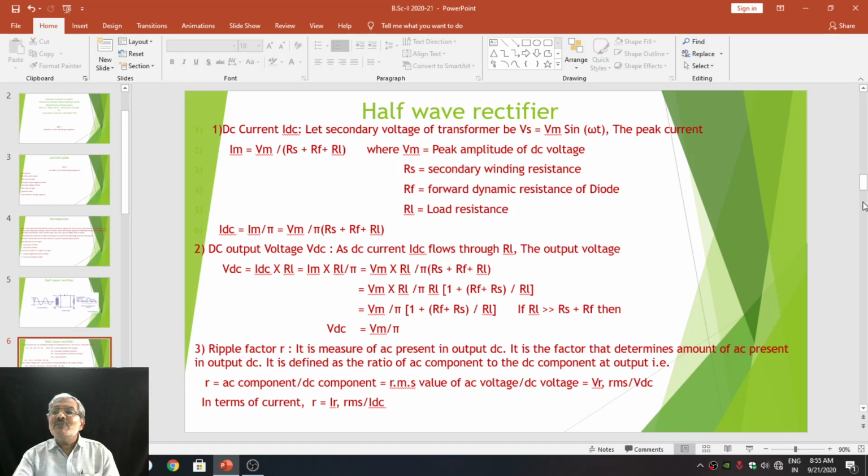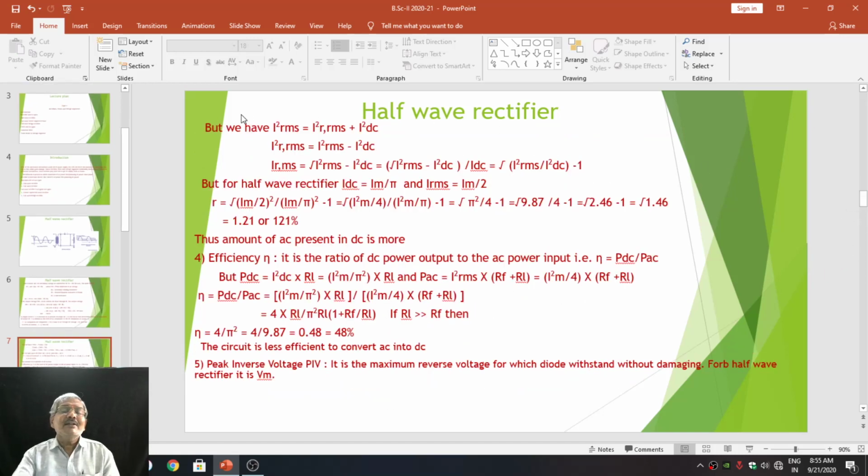Just to proceed further, we have in general I square RMS equal to I square R RMS plus I square DC. I RMS means root mean square current. I R RMS means root mean square ripple current.